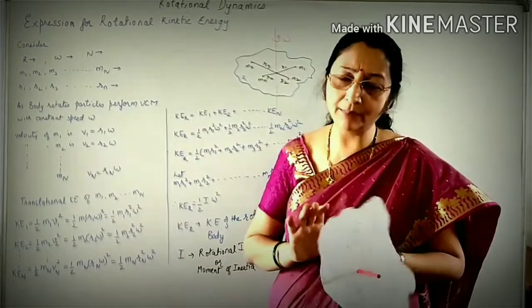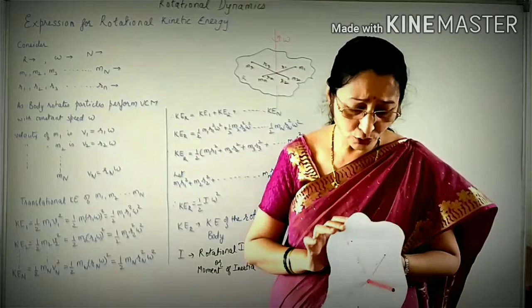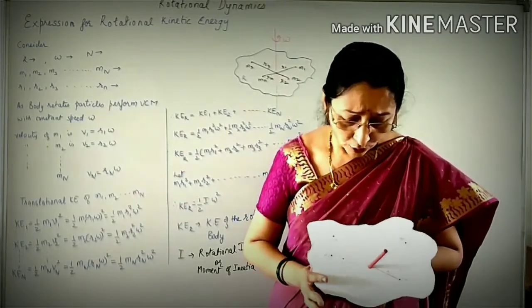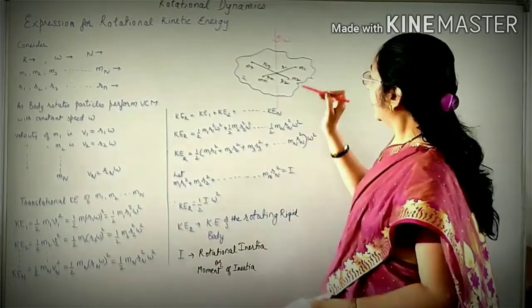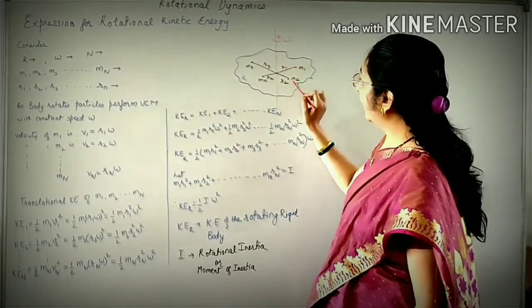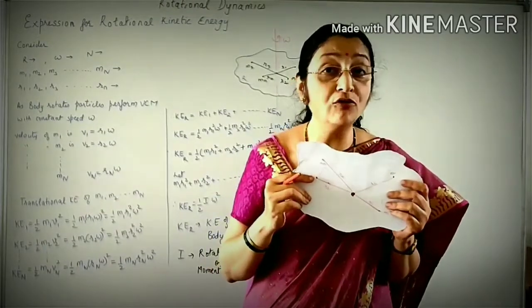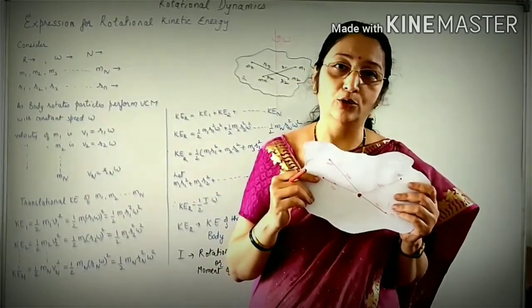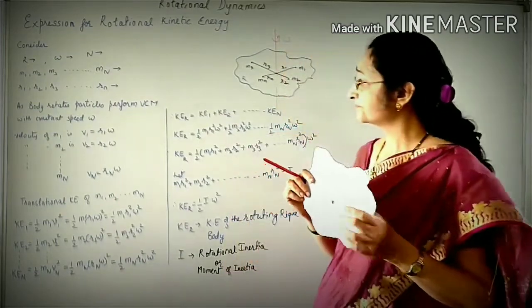This irregular shaped rigid body, I have deliberately taken an irregular shape. So every particle m1, m2, m3, up to mn, all the particles of the rigid body move in circular motion.